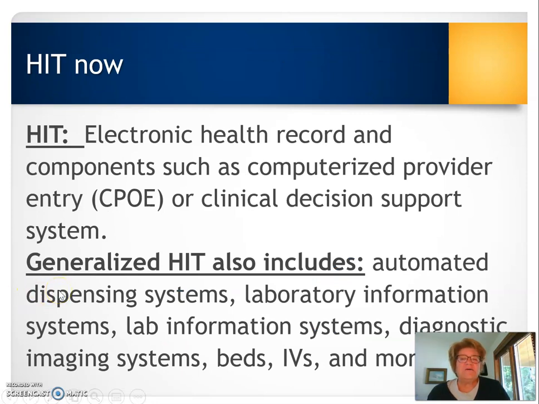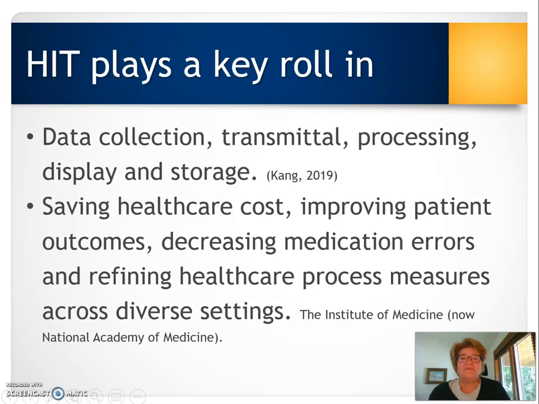So HIT now has CPOE, decision support systems, but also the larger system around it. Now, HIT plays a key role in data collection, transmittal, processing, display and storage, and it also hopefully saves some healthcare costs, improves outcomes, decreases errors.